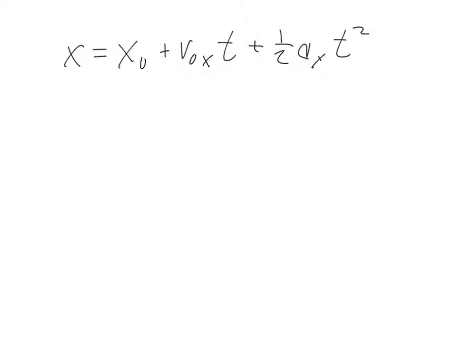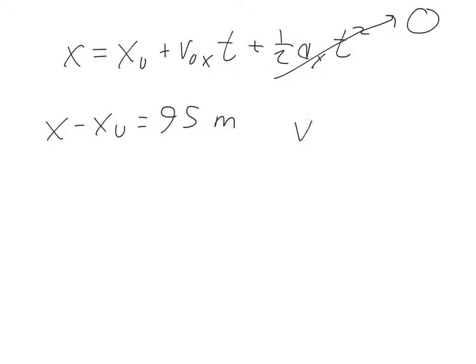And since this is going to be along the x dimension, there's no acceleration there. We're assuming no air resistance, so we can just ignore that term. And the displacement, x minus x naught, should be 95 meters. All right, so we just need to figure out what is v naught x, I should say, that component.